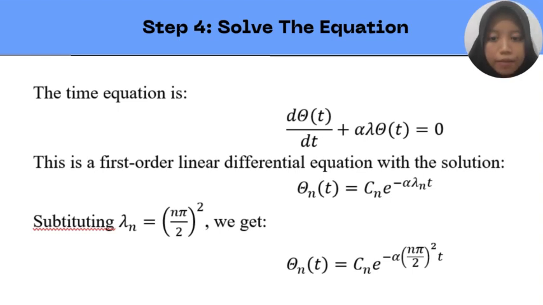And then by substituting lambda n equal to (n pi over 2) squared, we get Tn(t) equal to Cn times exponential to the power of minus alpha times (n pi over 2) squared times t.